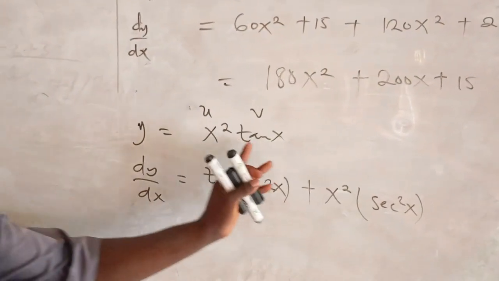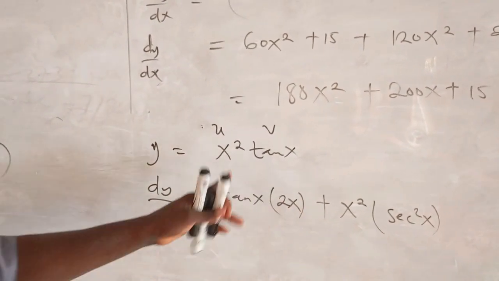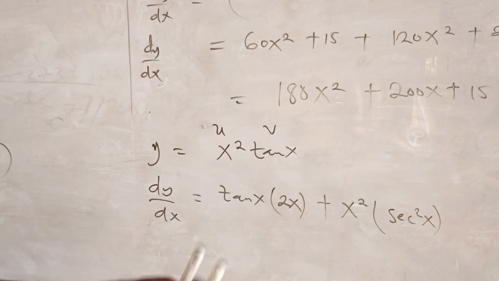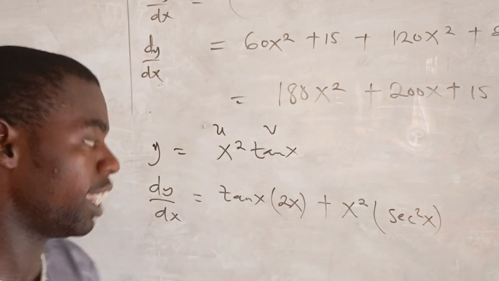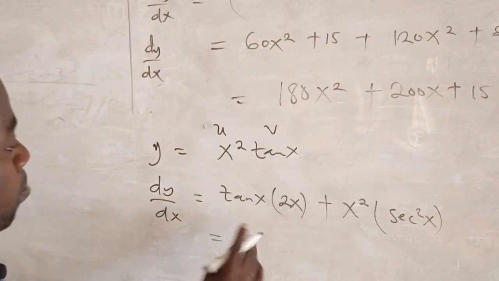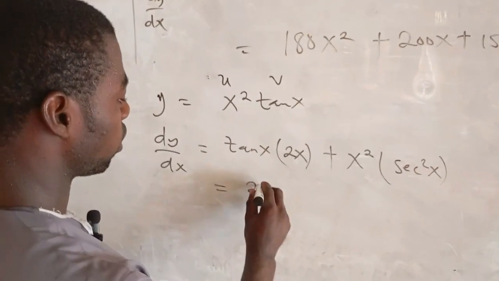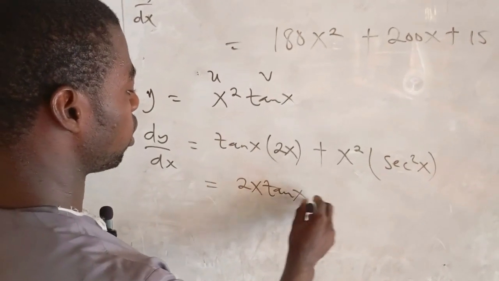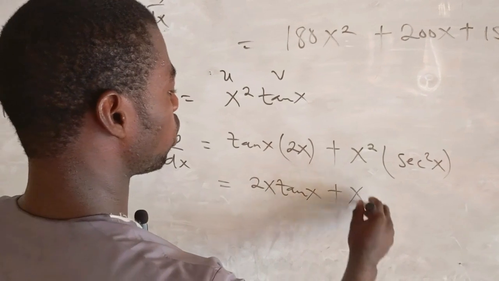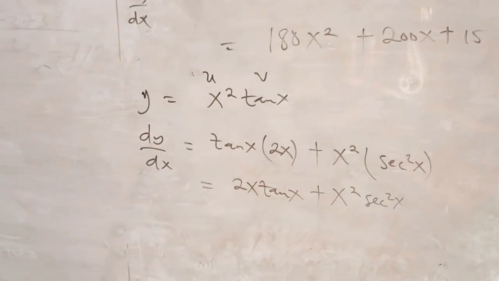So this is one of your basic derivatives. Differentiation of tan x is equal to sec squared x, and I'm going to show you how that works in our next video. So by simplification, we have 2x tan x plus x squared sec squared x.